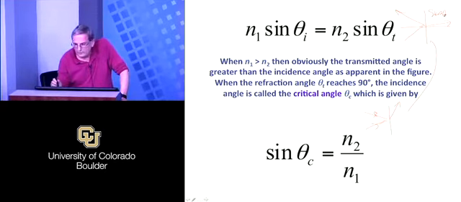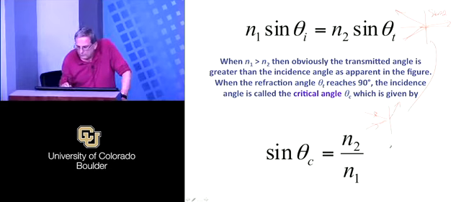Now over here, nothing can go wrong here. No matter what angle I choose, there's always a ray coming out. That's easy enough if we're going to a more dense medium. Over here, if I'm going to a less dense medium, there's going to be an angle that I come to where the angle coming out goes to 0.